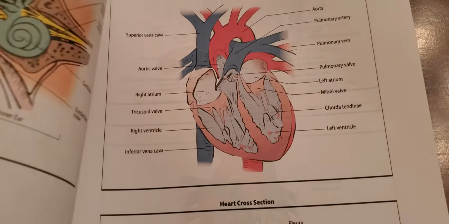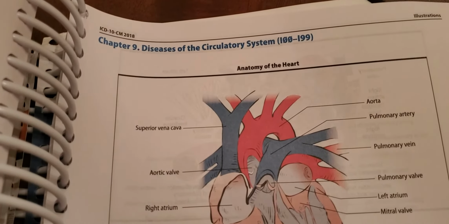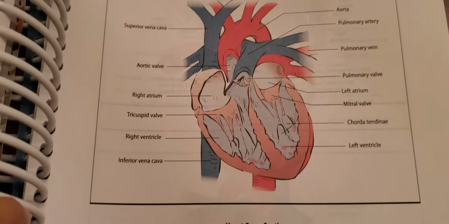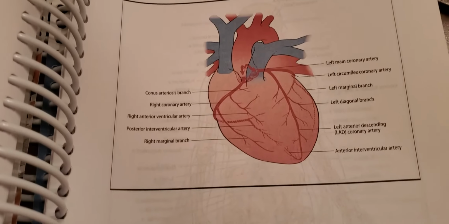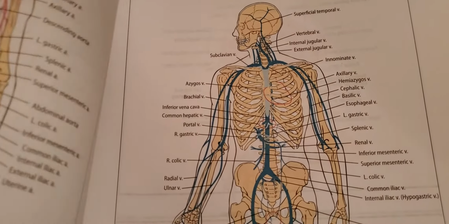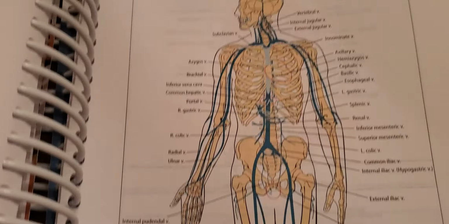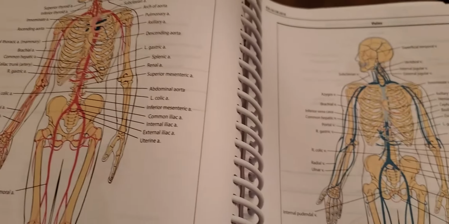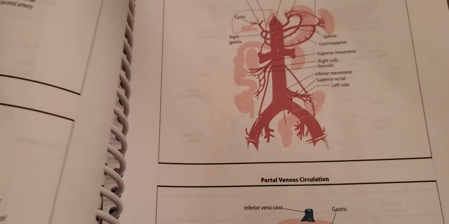Wonderful, beautiful illustrations. Chapter 9, diseases of the circulatory system. And it's got the heart. A lot of breakdown about the heart, the coronary arteries. Very, very useful, very helpful. And then they talk about the arteries and the veins. This is good stuff.